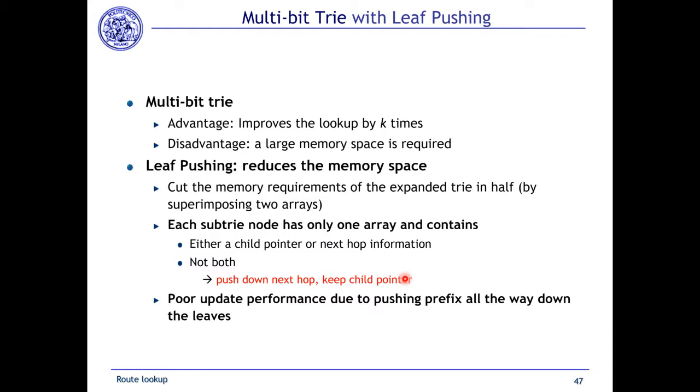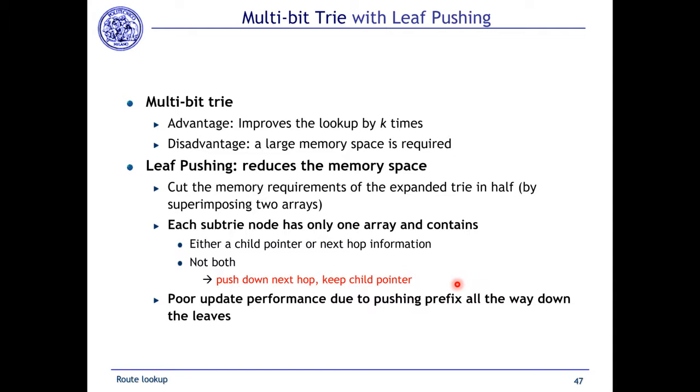However, in order to do this, we still have to maintain the correct representation of the paths in the structure. So before collapsing the two arrays into a single array, we have to perform an operation of leaf pushing again.